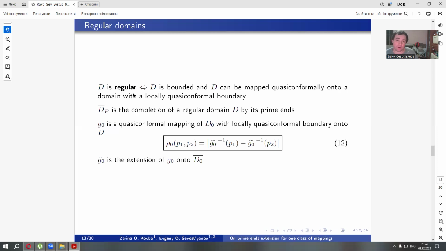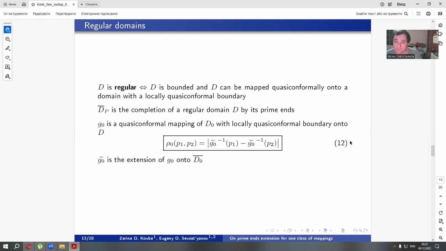A domain D is regular if D is bounded and D can be mapped quasi-conformally onto a domain with a locally quasi-conformal boundary. If we denote by D P prime the completion of a regular domain D by its prime ends, then we may define the metric rho naught between prime ends P1 and P2 in this space, which is defined by the equation 11.